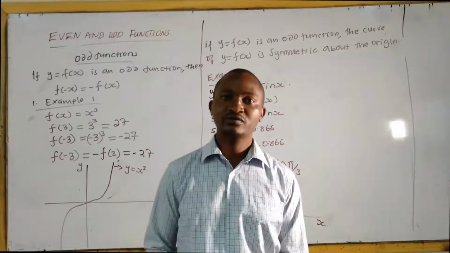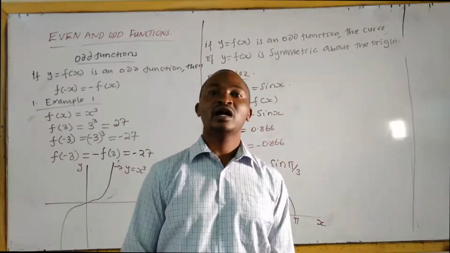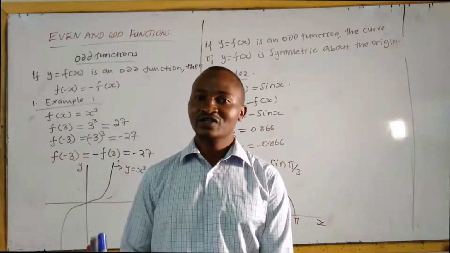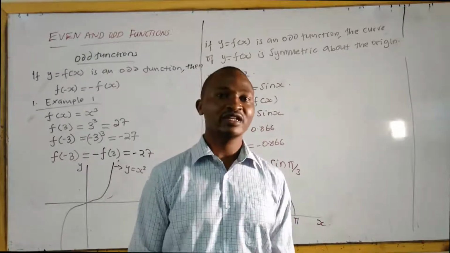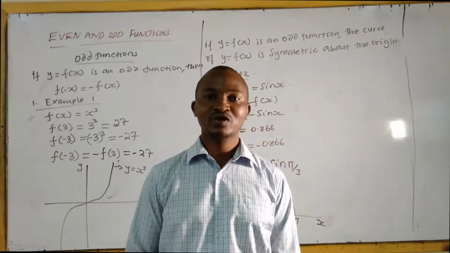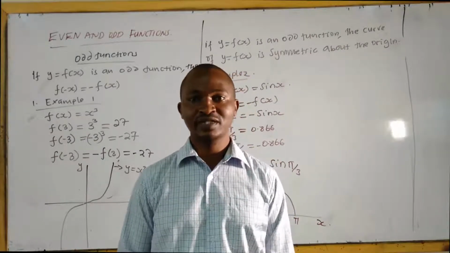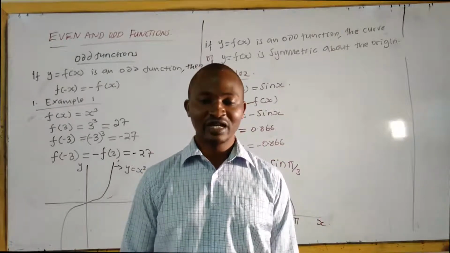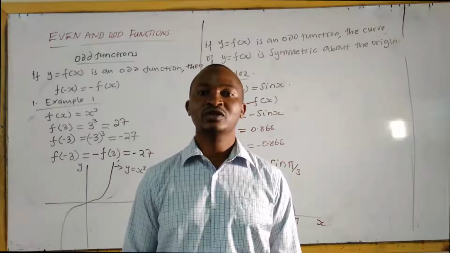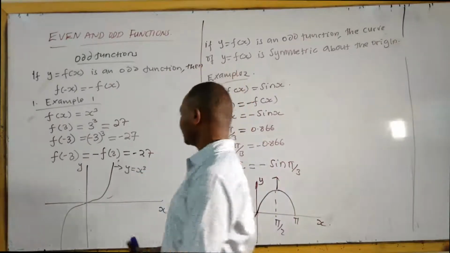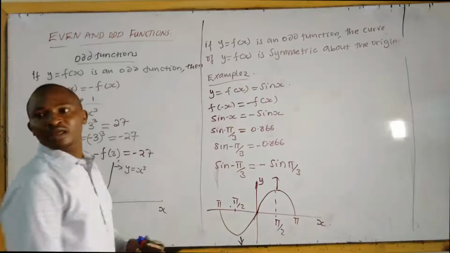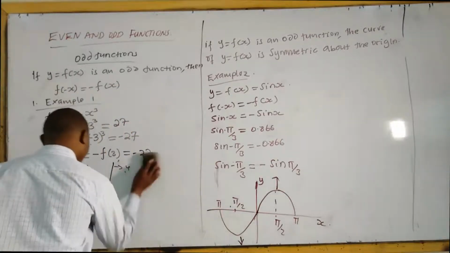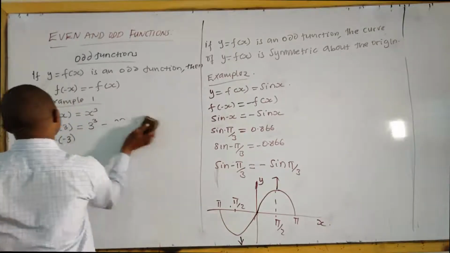Because a lot of times you'll be given a question in the exam and you'll be expected to determine whether the function is odd or even, and then from that you proceed to determine its Fourier series representation. So it's very important to be able, by just looking at a curve, to determine whether it is odd or even. We can take a few examples, see whether you can be able to do that.